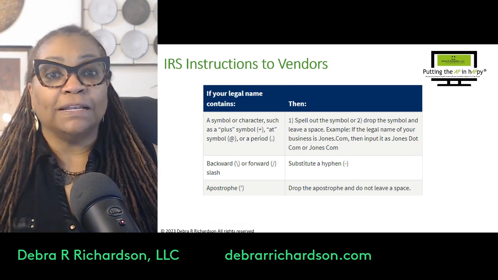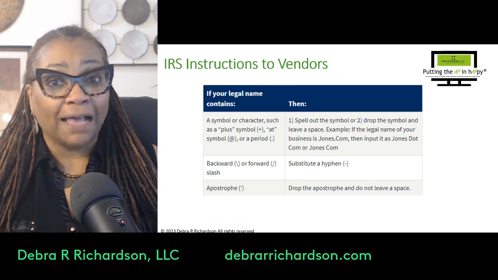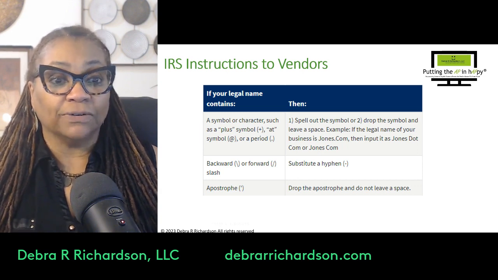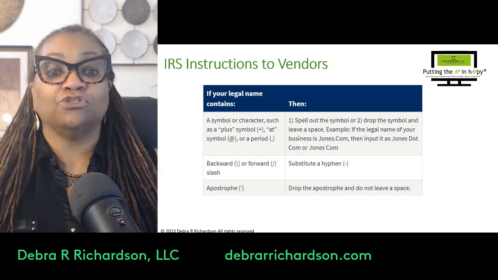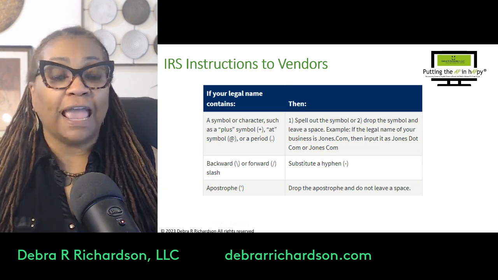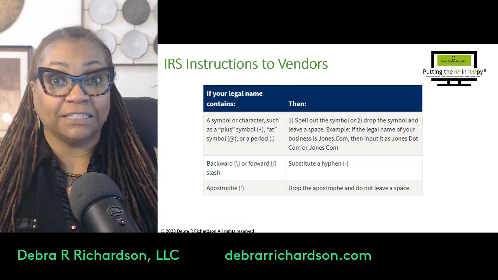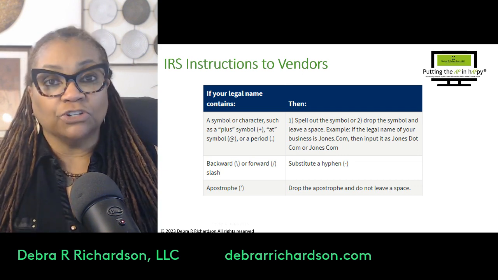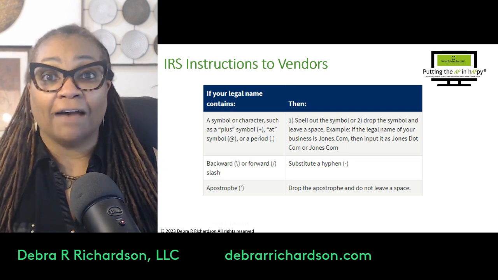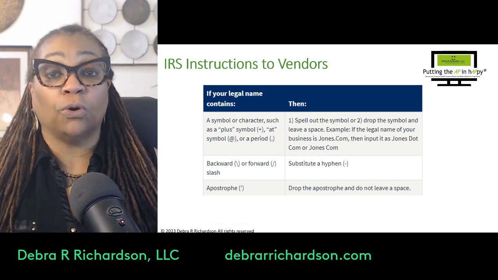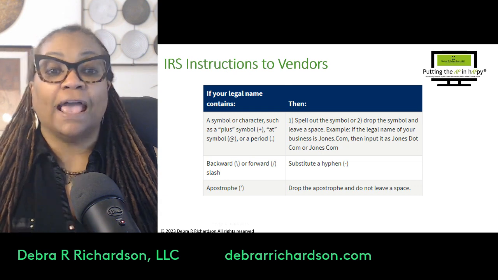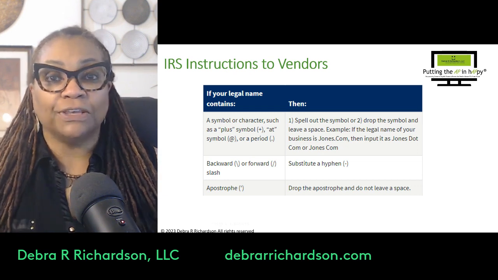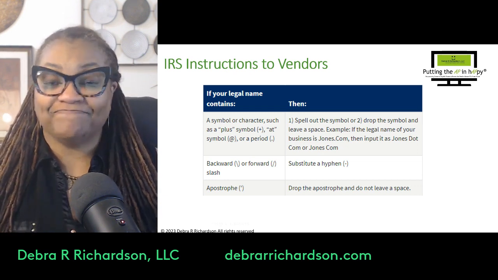The next one is if they have an apostrophe in the vendor's legal name. The IRS instructions here are to drop the apostrophe and not leave a space. Your vendor's point of contact may have the apostrophe in there, and so you can't do the TIN match or it's a TIN mismatch. So drop the apostrophe and run it again.